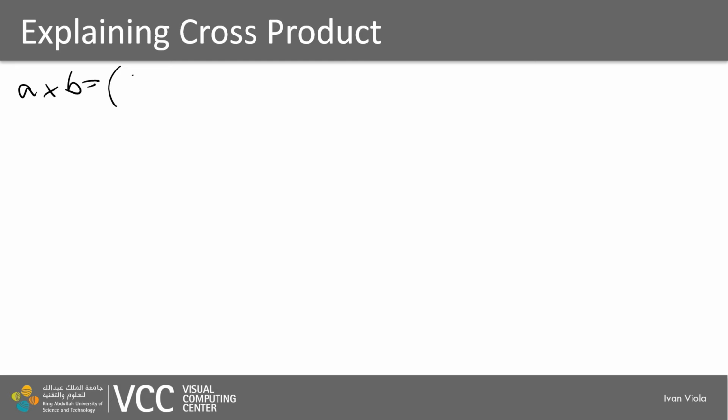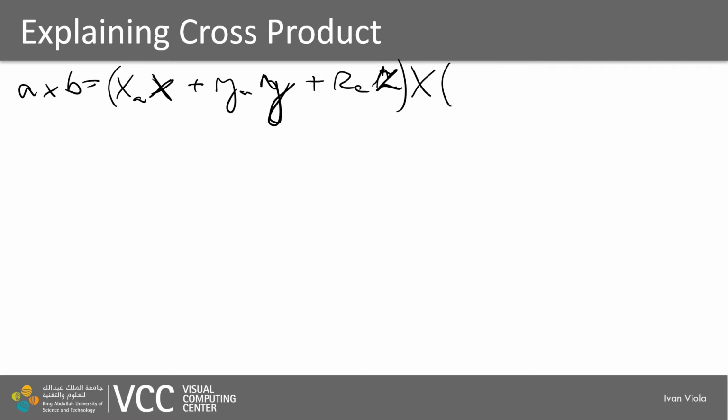It's XA X plus YA Y plus ZA Z, cross product with XB X plus YB Y plus ZB Z. Okay?